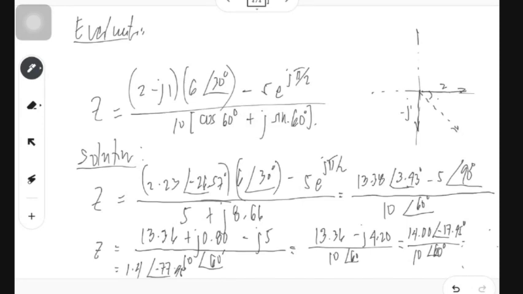Direct na nako-compute, in-enter mo yung mga... that is the default, no? Anyway, if you're going to convert rectangular to polar, ganito ba ang lalabas?